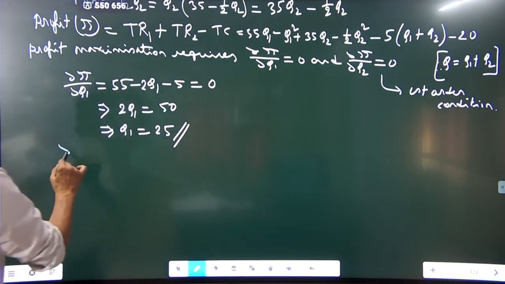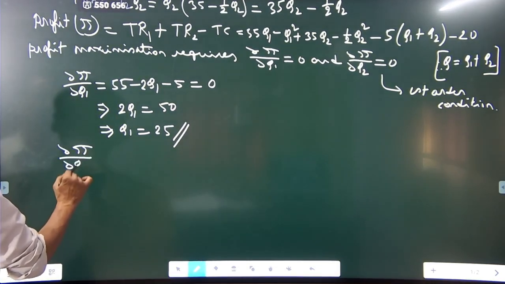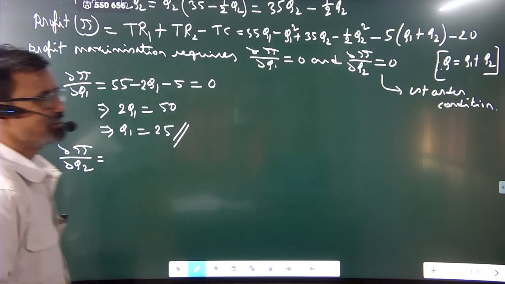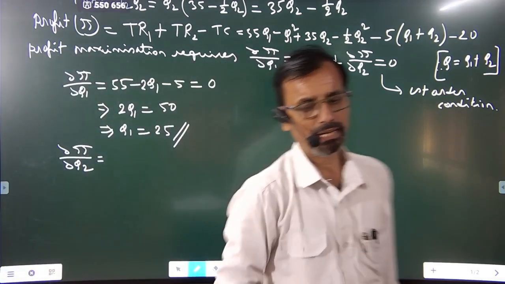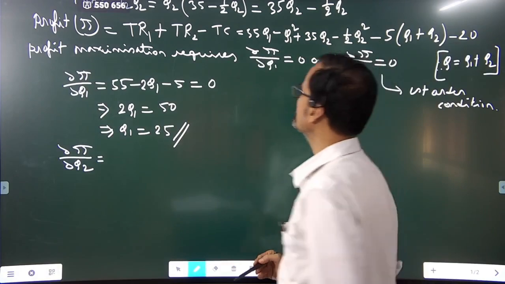Next, del pi by del q2. Now we will differentiate the profit function with respect to quantity 2.